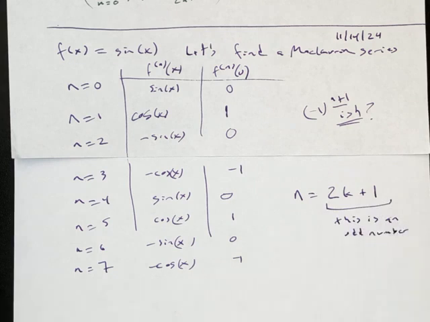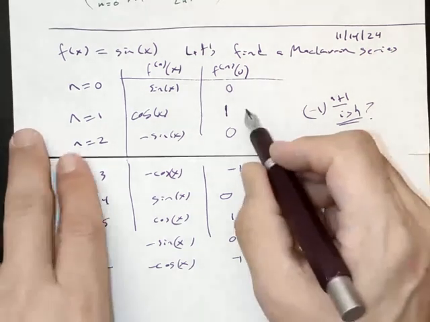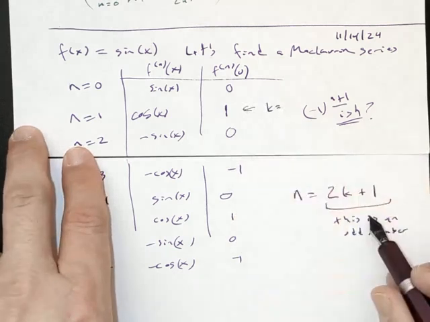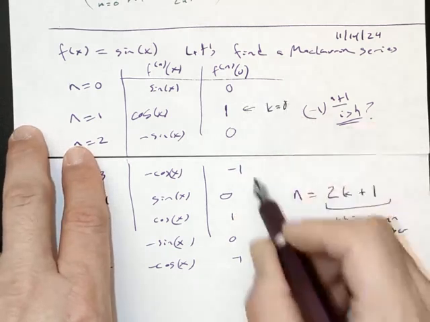And now I can think of doing the plus minus flip in terms of the value of k, not the value of n. So let me go back up there where n equals 1. What's the value of k? K is 0.